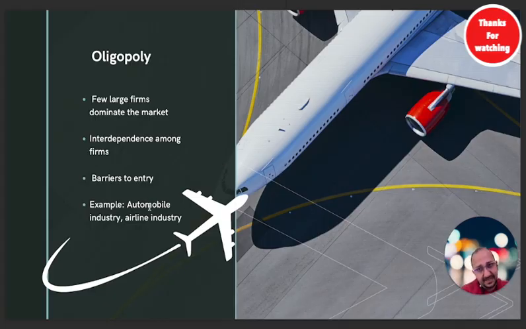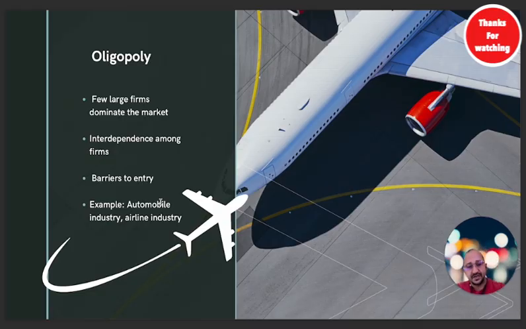The entry barrier again is very difficult over here. Means automobile companies, the airline industry. It is very difficult to enter into such kinds of businesses, guys. Why? We can't start an airline just like that. It's not an easy business to start. You need a lot of funding. You need a lot of knowledge in the airline sector because the prices are really cutthroat, the competition amongst airlines is intense, and it is completely dependent upon crude oil as well.